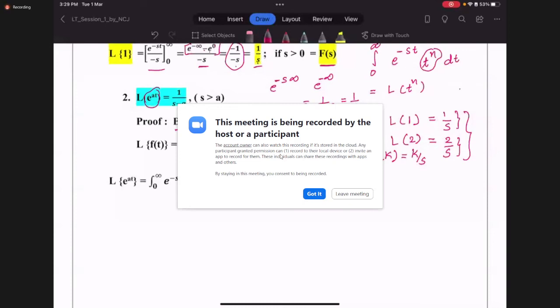Can anybody tell me why I have taken out the minus sign over here? Let us take this first: minus st plus at, dt, from 0 to infinity. Taking e raised to t common, we get a minus s, dt.